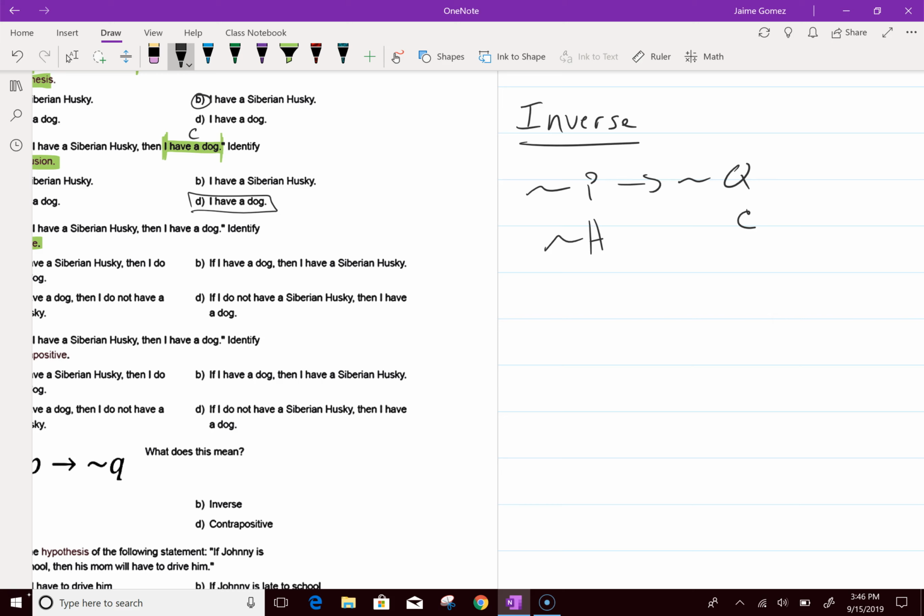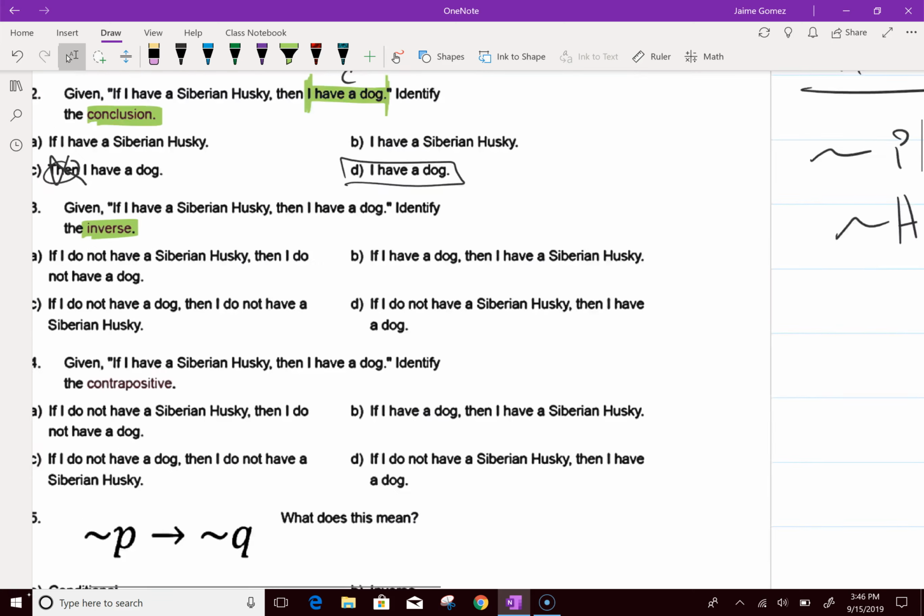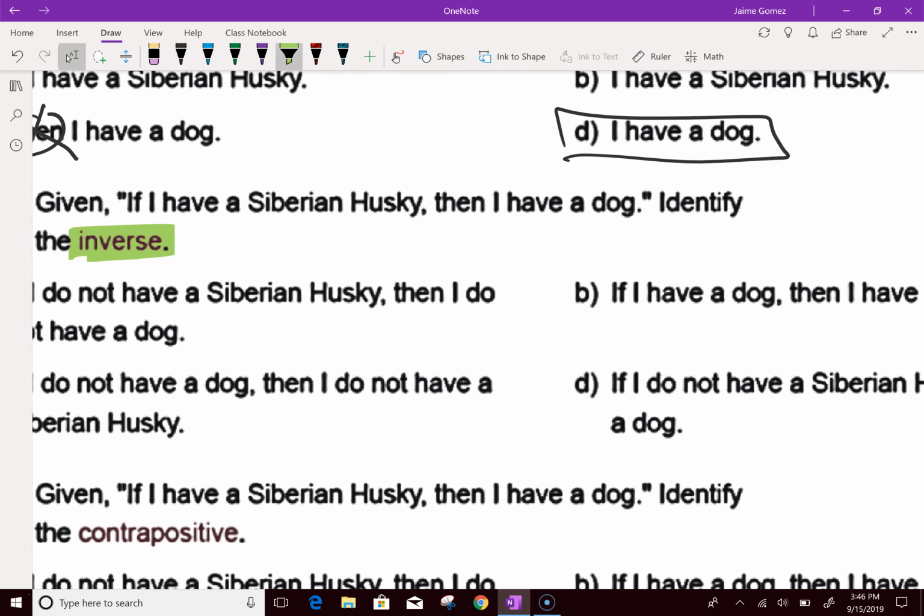So it could be not H, not Q. So let's first figure out what the hypothesis is. From here to here, remember, after the word if, that is the P, or the H, which is the same thing. After the word then, from here to here is the Q.